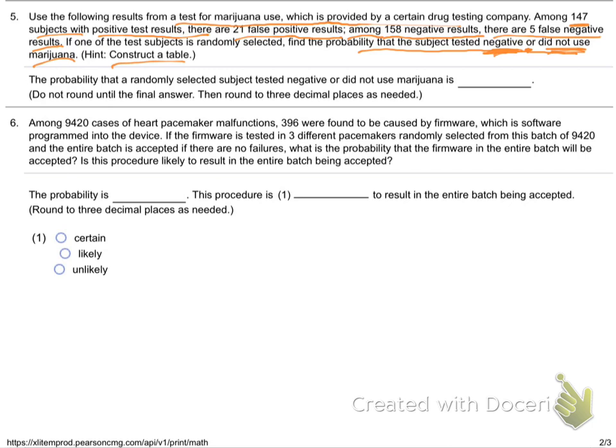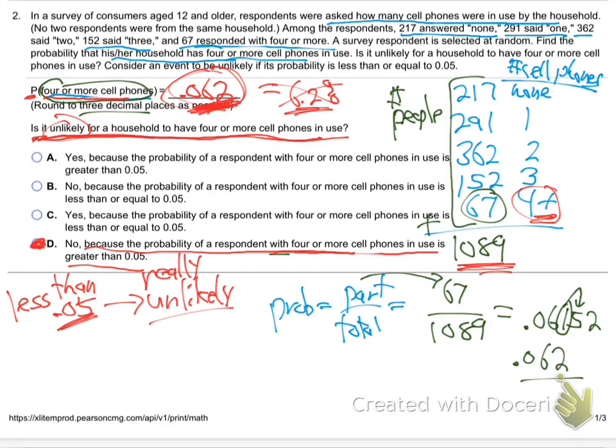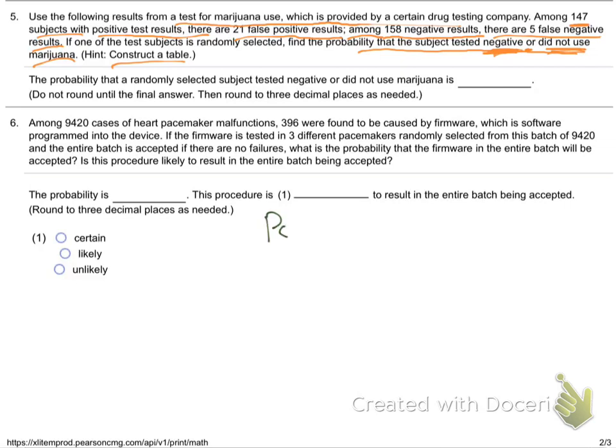Well, it's just like the other drug one. You know, back over here, let me go back. Where was it? This one, right? Positive, negative, user, not a user. Let's go do that. So, positive test result, negative test result.